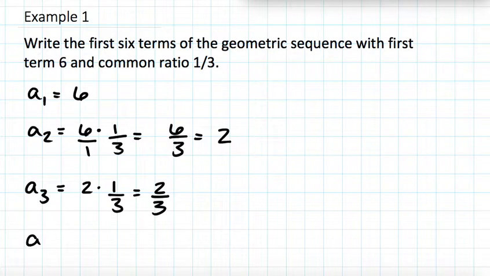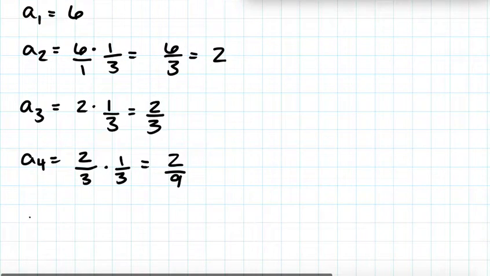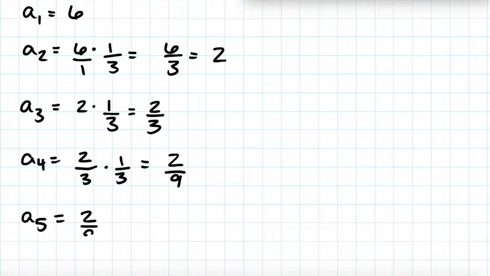And then for A4, the fourth term, it'll be 2/3 times 1/3, which is 2/9. The fifth term would be 2/9 times 1/3, which is 2/27.